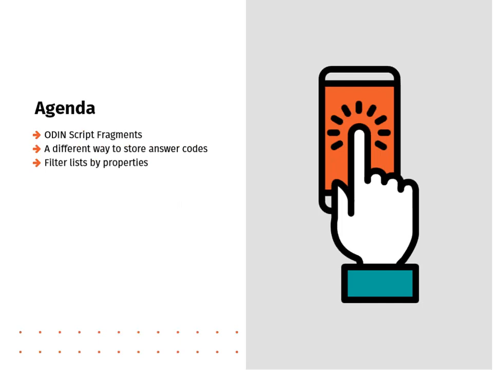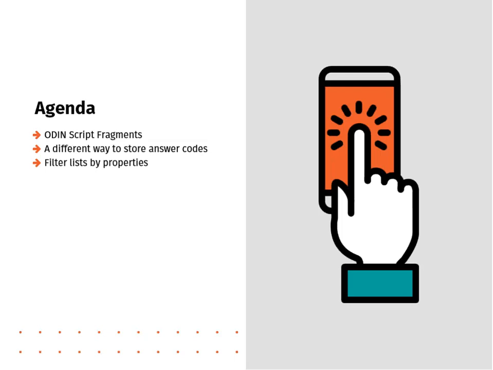The ODIN Script fragments is a way to manage lists, for instance, or pieces of script by storing them in separate files and then joining them in the questionnaire.